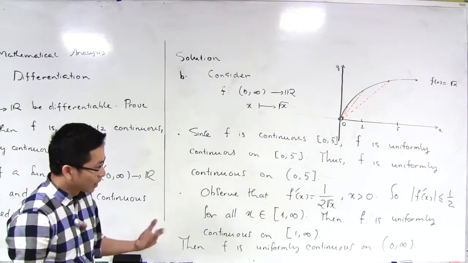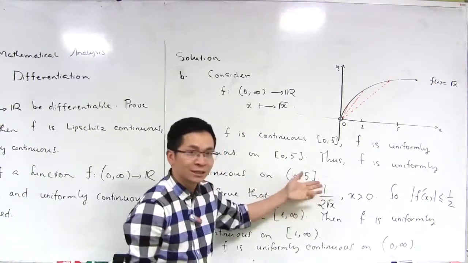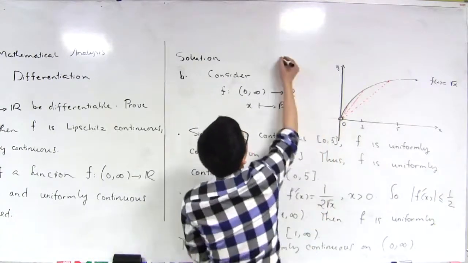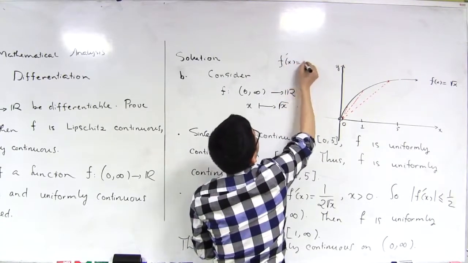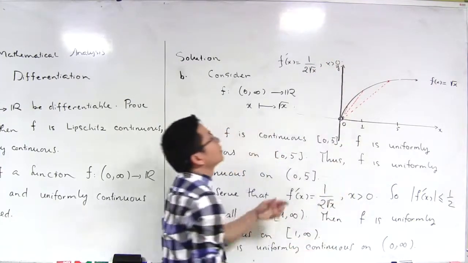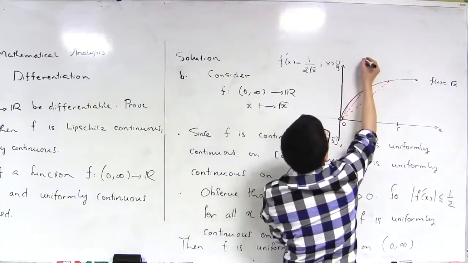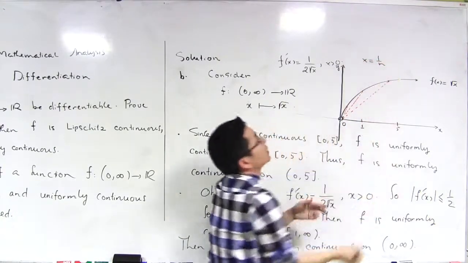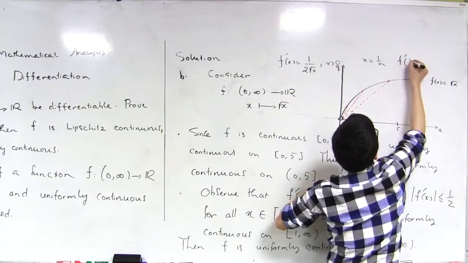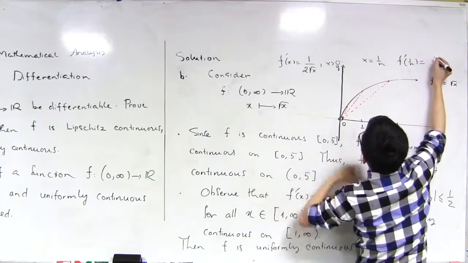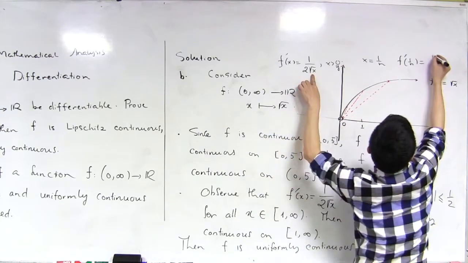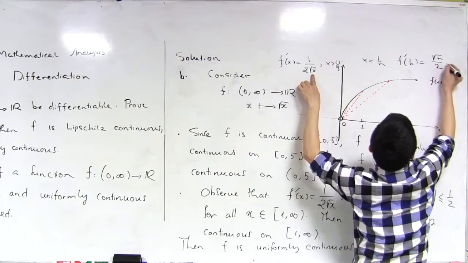And we also observe that the derivative of the function is not bounded on this interval. Because over here the derivative of the function is 1 over 2 times the square root of x. So now if we let x be 1 over n for n in the natural numbers, f prime of 1 over n is going to be the square root of n over 2.